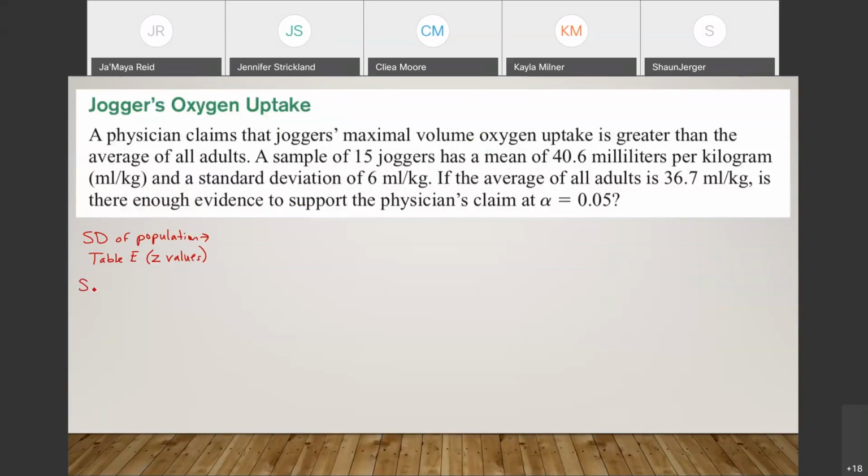All right, and if you have the standard deviation of the sample, you're using this new table, which is table F, and it's T values. Again, the only step in the process that really impacts is where you do your curve and you find that critical value. Everything else is the same.